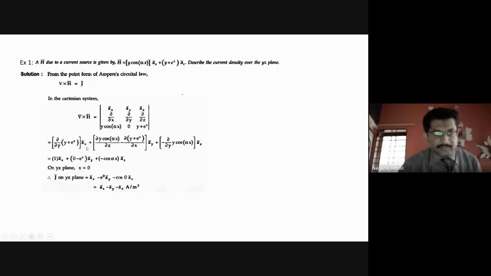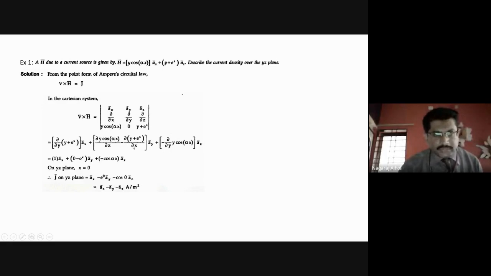How much will you get? Dou by dou y of y is 1. Dou by dou y of e raised to x is 0, correct? Because it is constant with respect to y. Then dou by dou z of y cos alpha x is 0, correct? It is 0 because it is constant with respect to z.